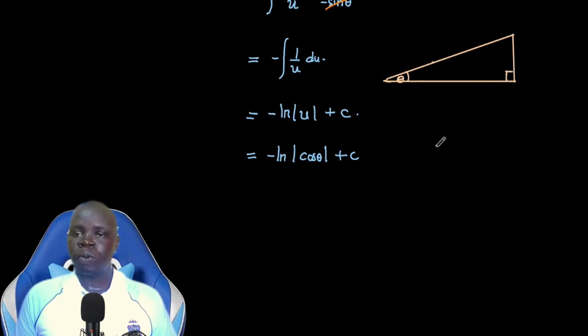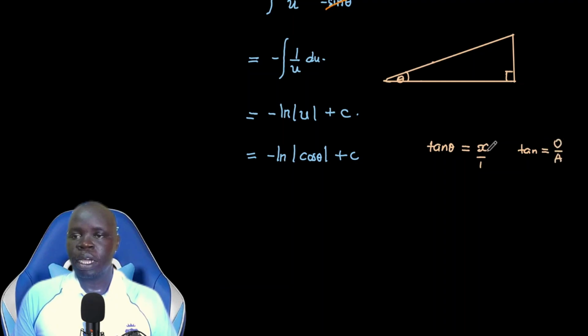From the relationship we had earlier on, tan theta is given by x. So meaning this x is over 1, and we know tan is also defined by opposite over adjacent.